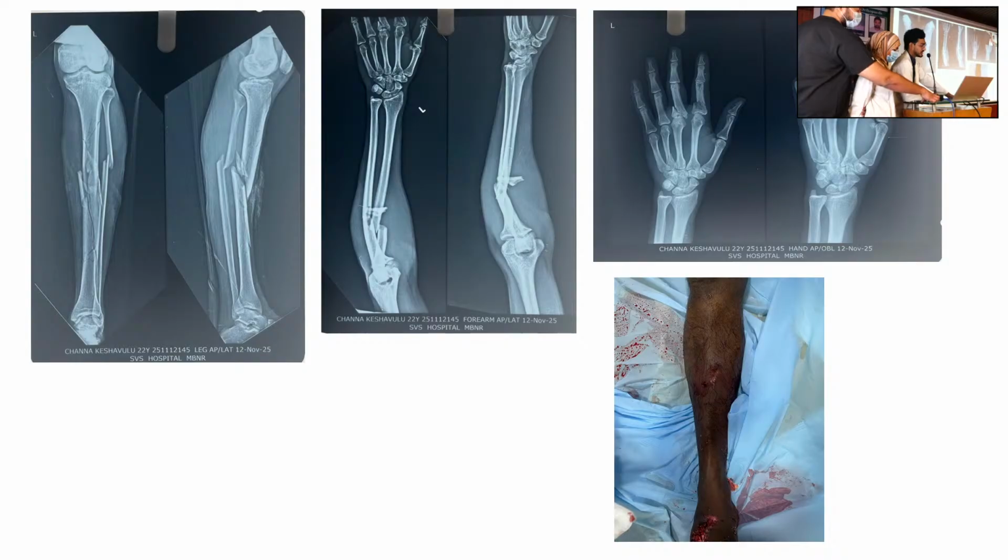Second is a closed both bone shaft fracture of proximal radius and ulna, ipsilateral, same side, sir. And third is a proximal phalanx of second and third of left hand, sir. Same side, sir.